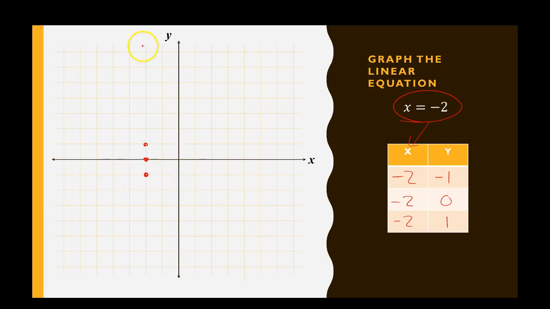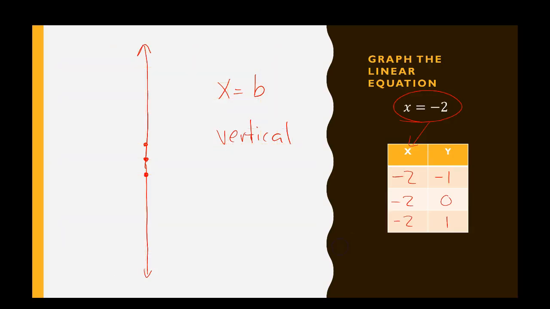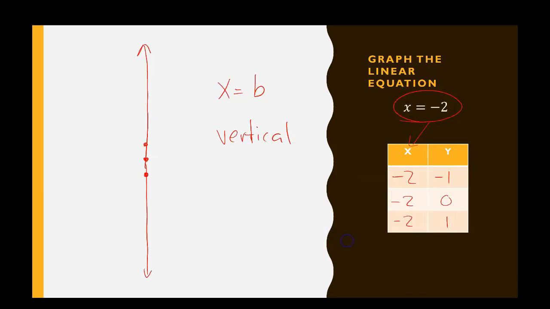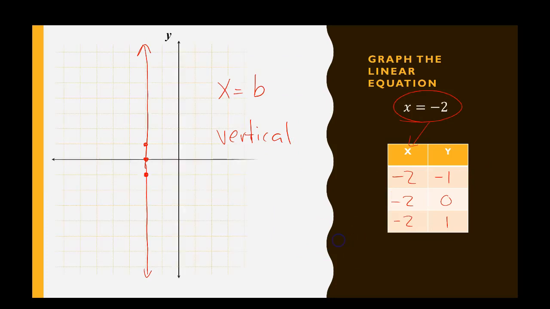So notice that that x will always be -2. So if I have x equals any number, it doesn't matter what it is, fraction, decimal, doesn't matter, you're always going to get a vertical line. Right? And we will continue talking about horizontal and vertical lines in future videos.